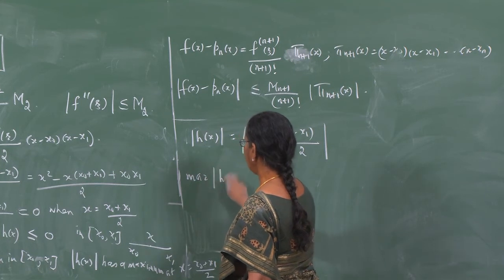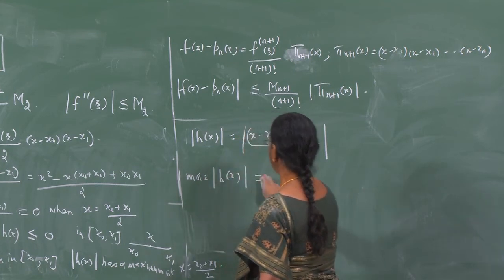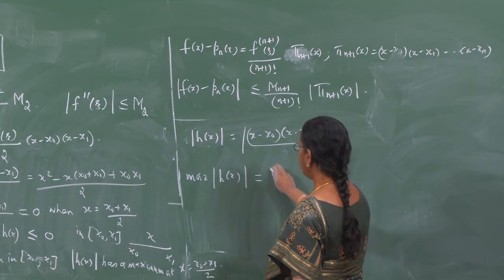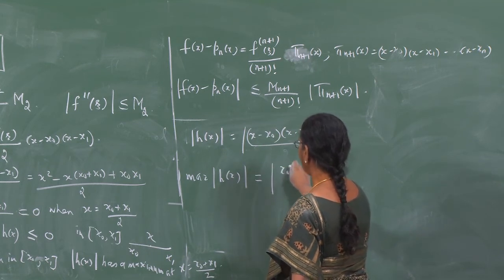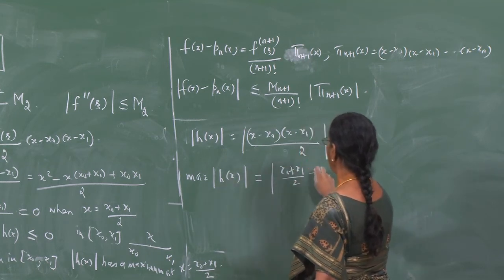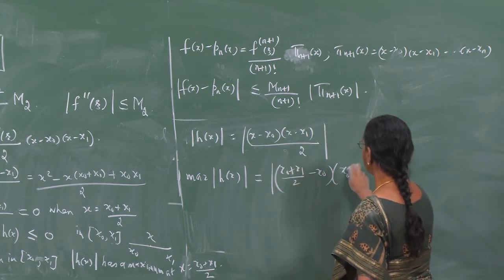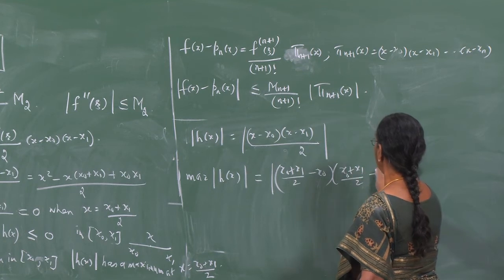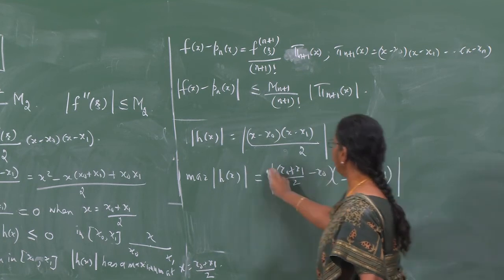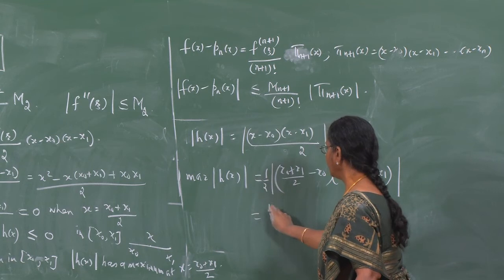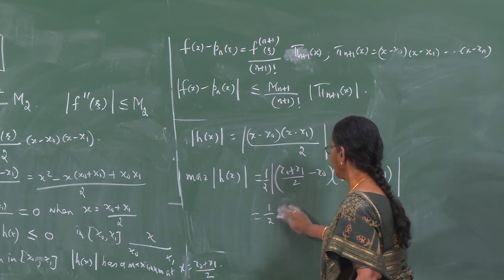Where is it attained? It is attained at x equal to (x naught plus x1) by 2, so it is half of modulus of ((x naught plus x1) by 2 minus x naught) into ((x naught plus x1) by 2 minus x1).